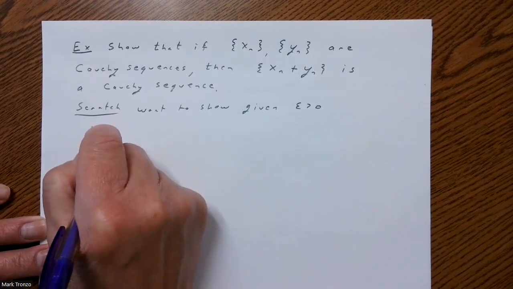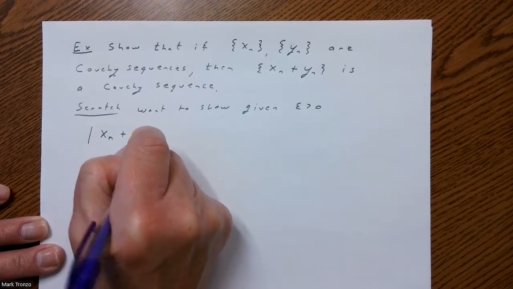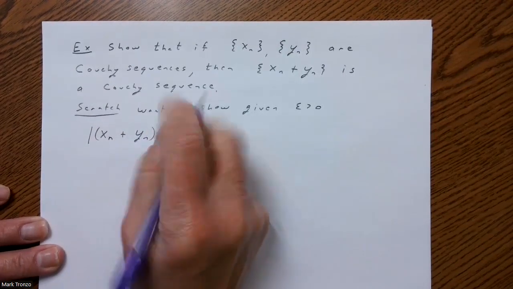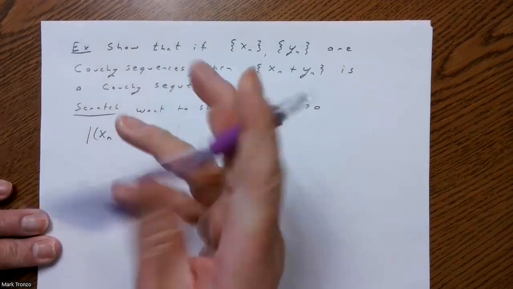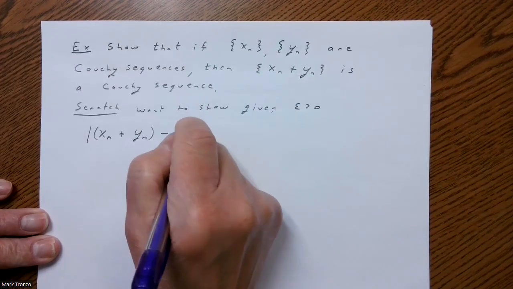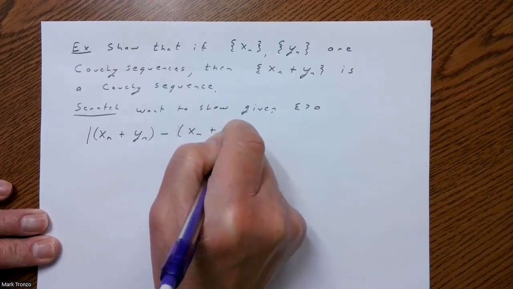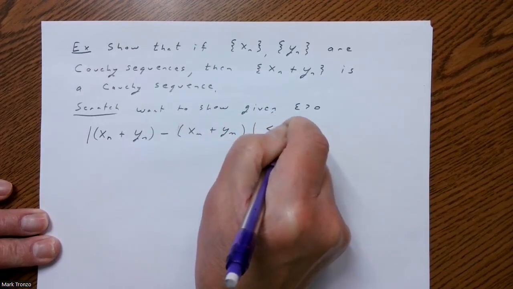I'll do this minus this: xn minus xm is less than epsilon.